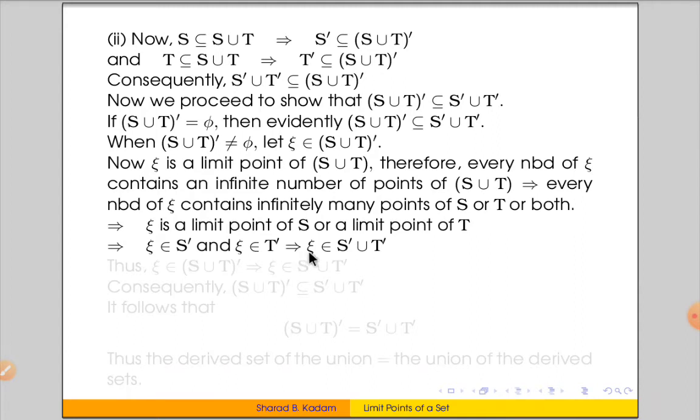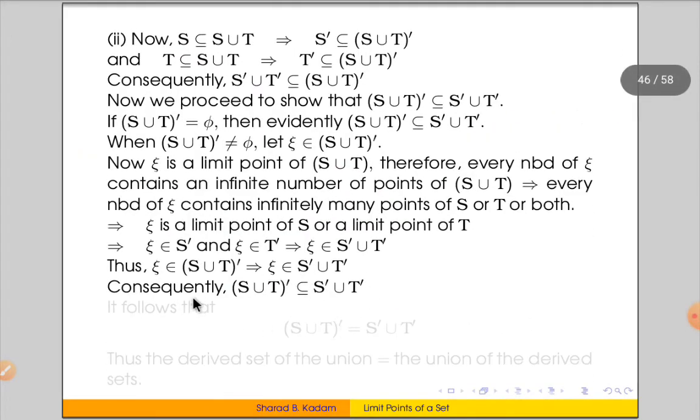So this implies that xi belongs to S prime union T prime. So thus we have shown that if xi is an arbitrary element in S union T prime, then this implies that xi belongs to S prime union T prime. So this implies derived set of S union T is subset of derived set of S union derived set of T.